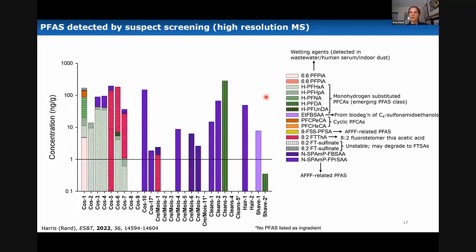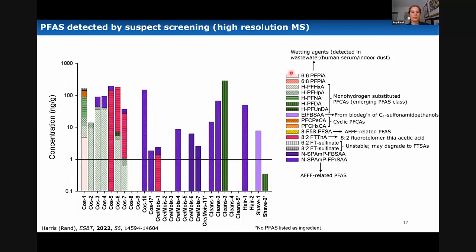So all products were analyzed. This is a graph that has all of the targeted analytes removed. And so these are compounds that are again, completely unrelated to any sort of active PFAS ingredient.